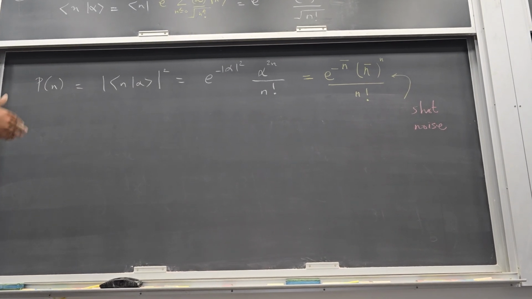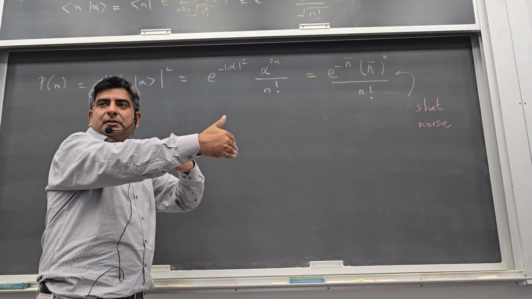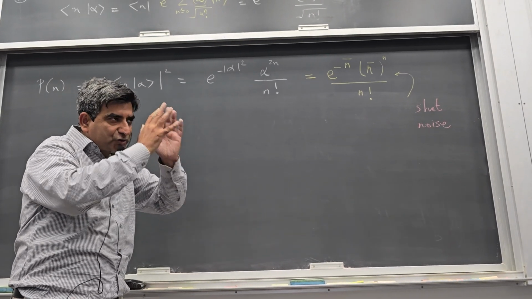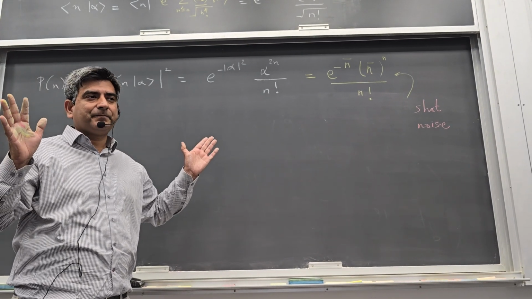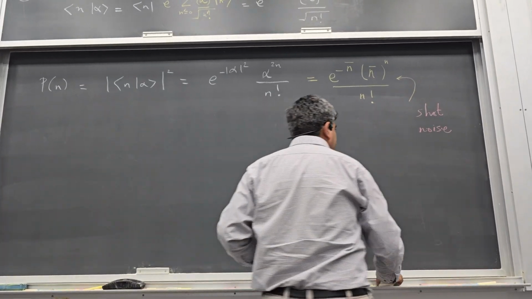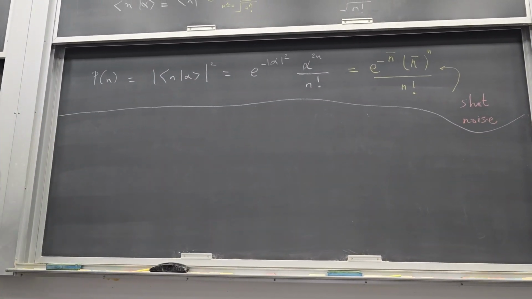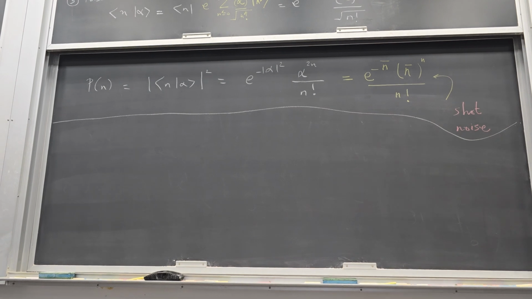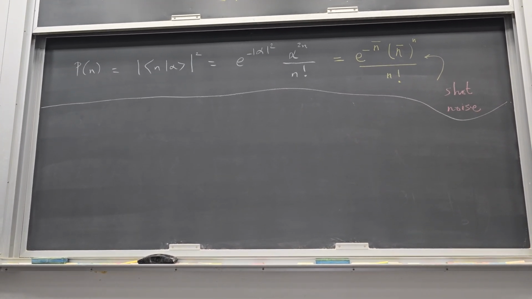But the coherent state provides a nice threshold between quantum and classical. Poissonian distribution is a nice classical distribution. Okay? So now we've explicitly derived that the coherent state gives a Poissonian distribution in the detection of photons. Any questions?